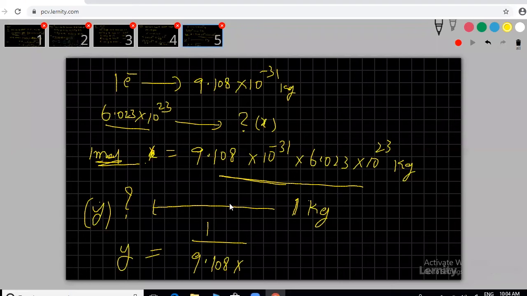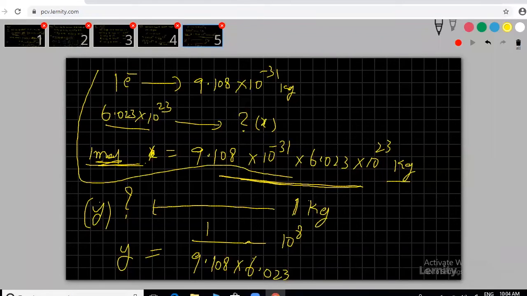How much will you get? 6.023 into 8, is it correct? You can write 8. What we did: 1 mole of electron weight I calculated as this many kilograms. Then 1 kg equals how many moles? Reverse it. Yes, correct, option D everyone is getting. Simple calculation, I'm just giving the idea.